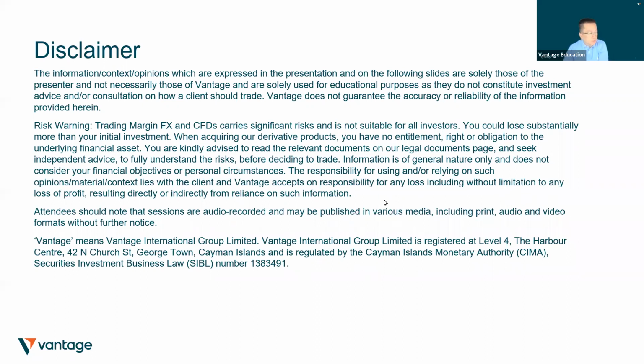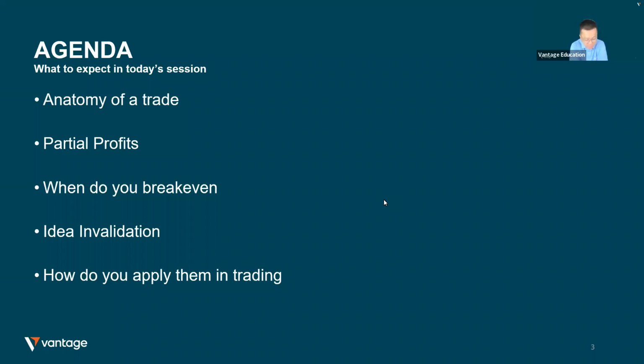All right. So quite a number of things to get through today in terms of the topics. First part, I'm going to do a quick refresher in terms of the anatomy of a trade. I'll like the early question from Ferda, partial profits. How do you do a partial profit?